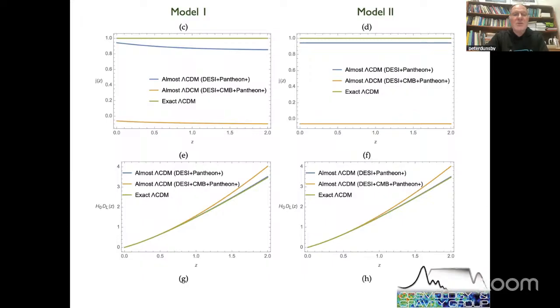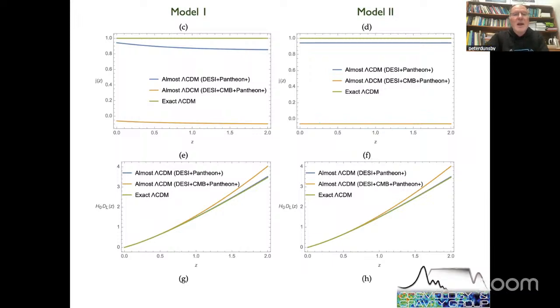And for DL, we also get a similar kind of pattern, emerging differences between the different models.